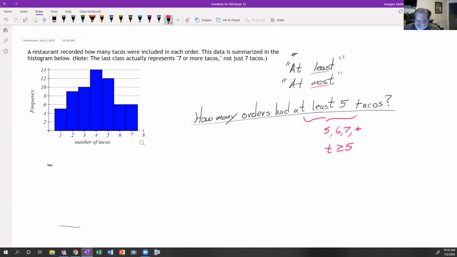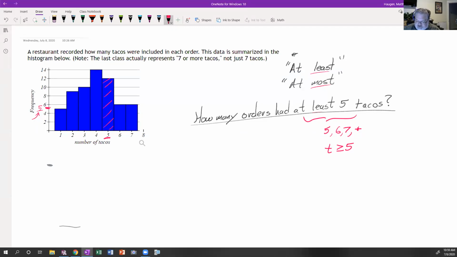So in our histogram, where is our number of tacos at 5 or more? This 5 here, is that a number of tacos? No, it's a frequency, the number of orders. Our 5 tacos is down there, so this tells us how many times 5 tacos were ordered, and that was 12 times.